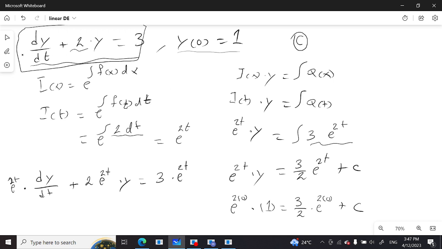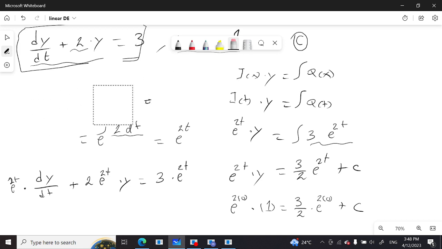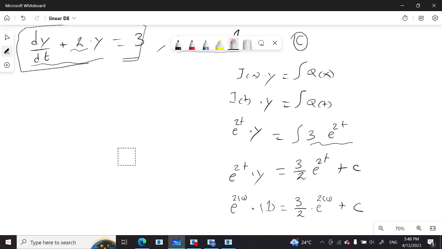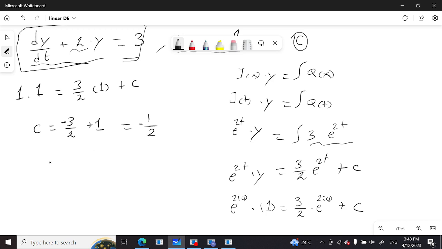Everything to the power of 0 is 1. So we have 1 multiplied by 1 is equal to 3 divided by 2 multiplied by 1 plus c. Therefore c is equal to negative 3 divided by 2 plus 1, which equals negative a half.